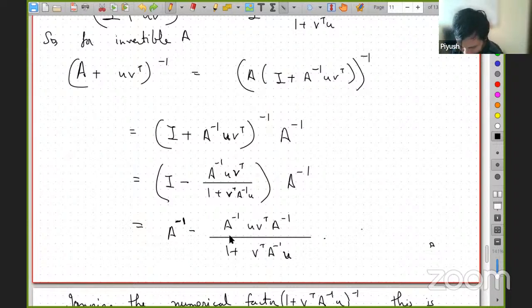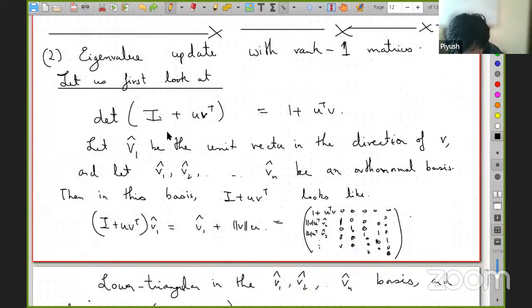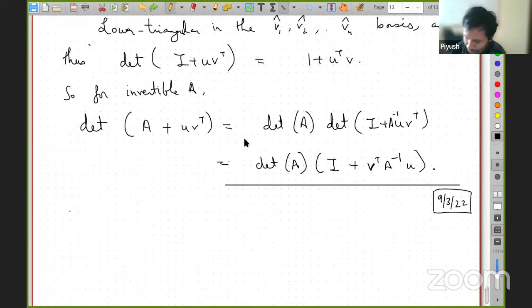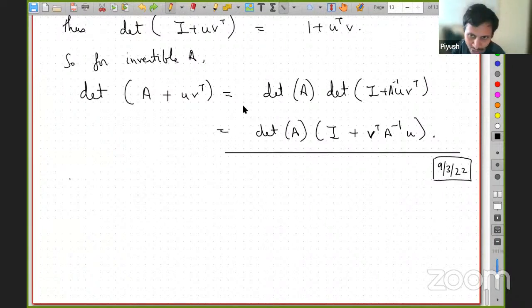It's always defined as long as this term here is non-zero, and it's not terribly complicated. Then we also looked at the determinant. We won't actually need the determinant so much, but it's still good to know. I'll just finish this, and then we'll proceed to the analysis of the algorithm.